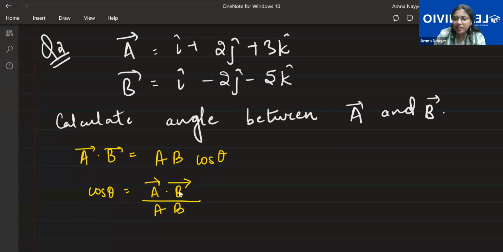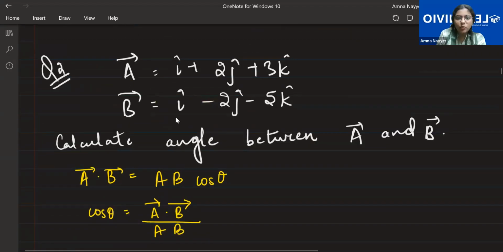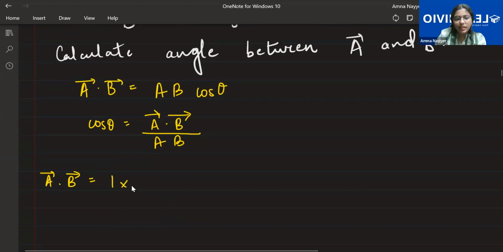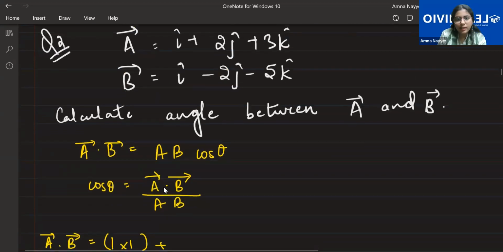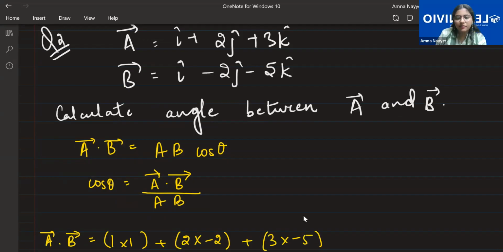A dot B we have studied how to calculate. Let's calculate this first. First, let us find A dot B vector. It will be 1 into 1, plus 2 into minus 2, plus 3 into minus 5.